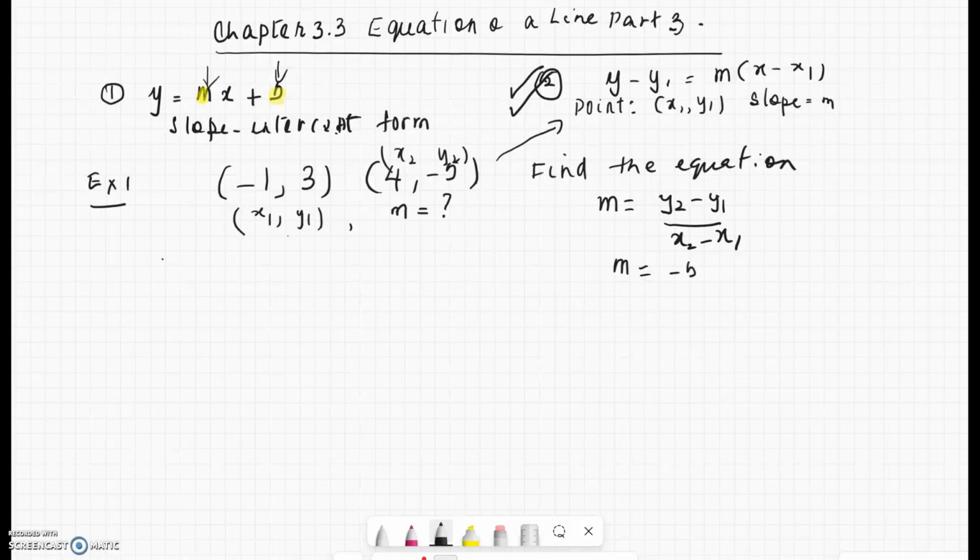So -5 minus 3, so y2 minus y1 over x2, which is 4, minus x1, which is -1. So this is -8 over 4 plus 1, 5. So it's -8 over 5.